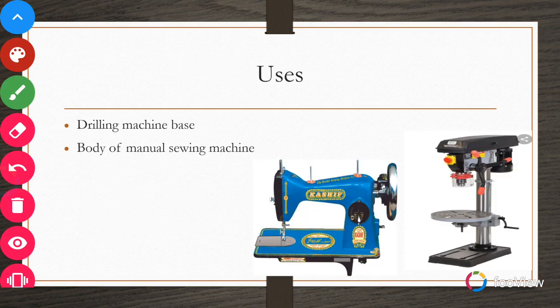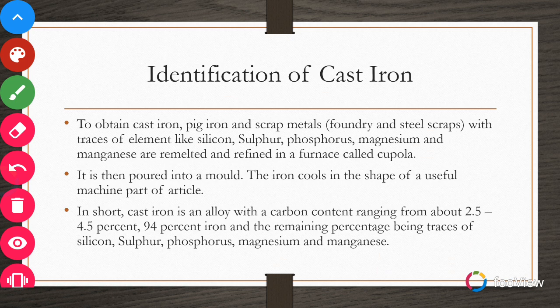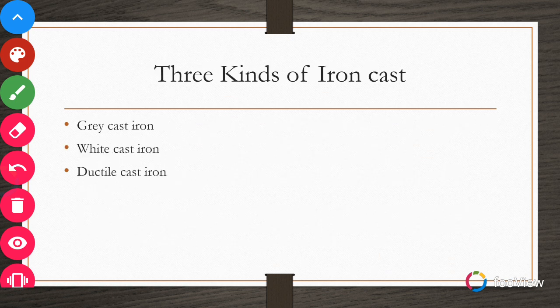So that brings us to the end of today's lesson. We look at a summary of whatever we have learned now. We started by identifying cast iron, and then we moved on to the common types or kinds of cast iron that we can find around us.